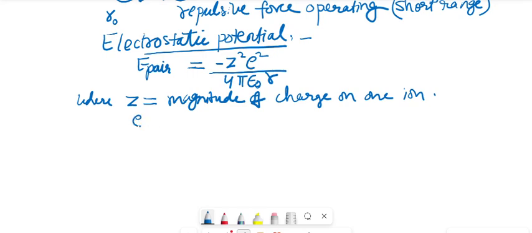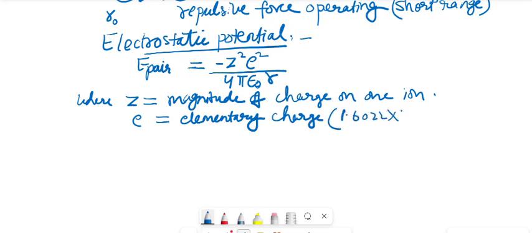And e is the elementary charge, that is the charge which is present on one electron, that is 1.6 into 10 power minus 19 coulomb, equal to 1.6022 into 10 to the power minus 19 coulomb.